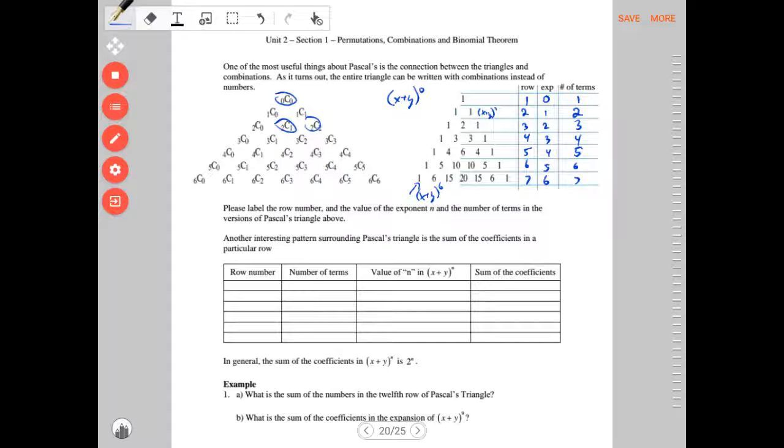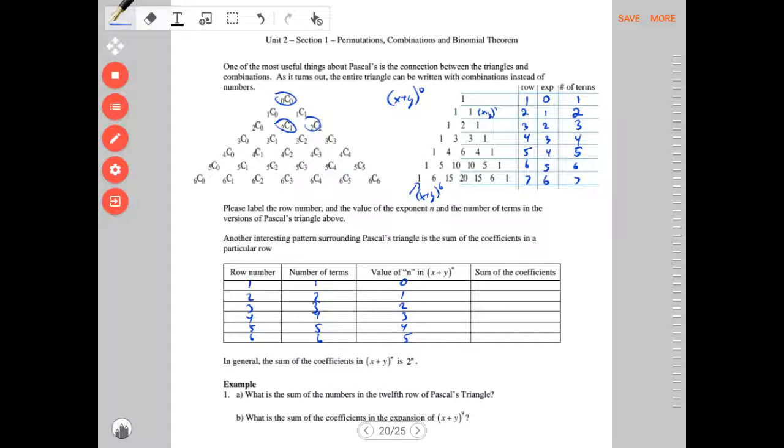Now we're going to very quickly fill out the rest of this grid. Row number 1, 2, 3, 4, 5, 6. The number of terms is exactly the same: 4, 5, 6. The value of n, the exponent, is always 1 behind: 0, 1, 2, 3, 4, 5.